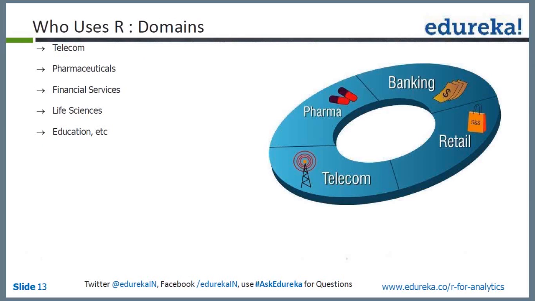Who uses R? There are lots and lots of industries, as I told you in the beginning, that use R. For example, I told you about the churners in the telecom industry. We can analyze the historical data.